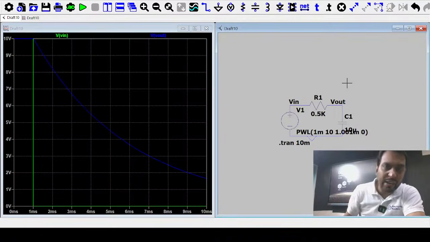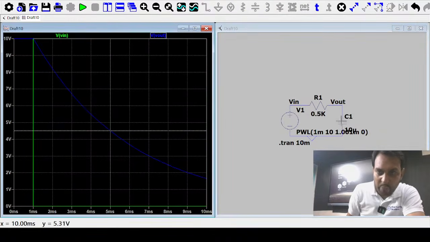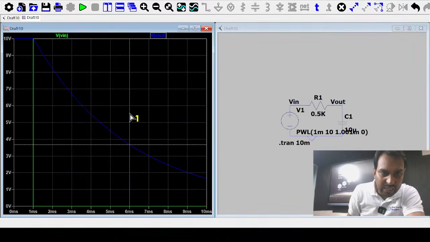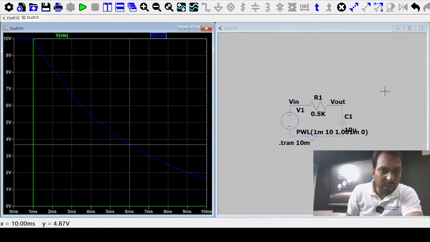If you talk about 0.5k into 10 micro, it becomes 5 millisecond. So you find at 6 millisecond, it is nearly about 3.67 there. So this is the way you can understand that the capacitor is discharging or charging in such a way.